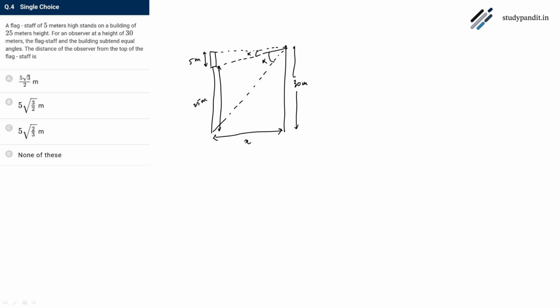Now tan alpha is equals to 5 by x, and tan 2 alpha is equals to 30 by x.